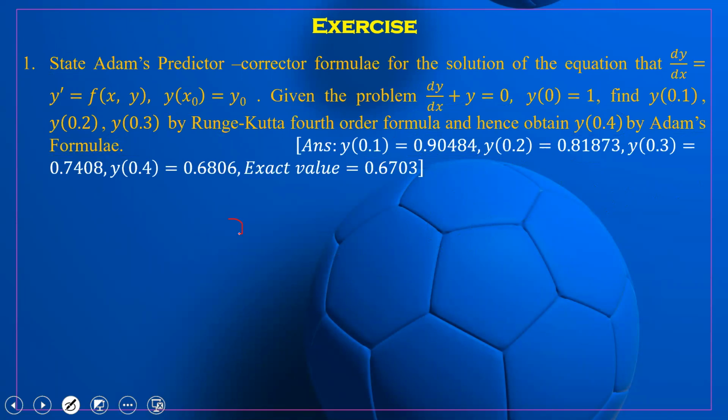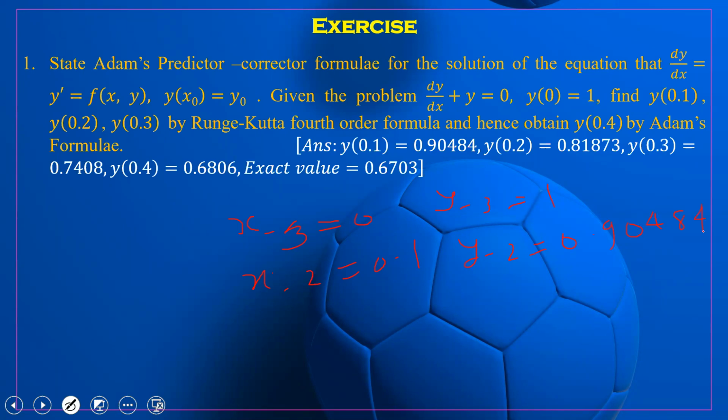And then with the help of these values, here what things are given? We have x_-3 = 0, and the corresponding value y_-3 = 1. Similarly, x_-2 = 0.1, and y_-2 = 0.90484.